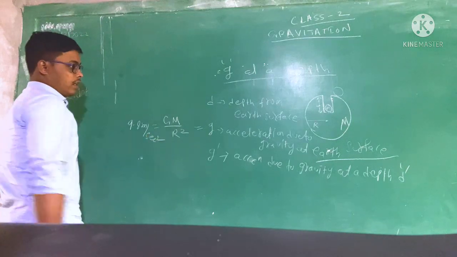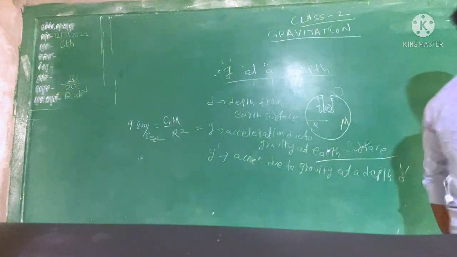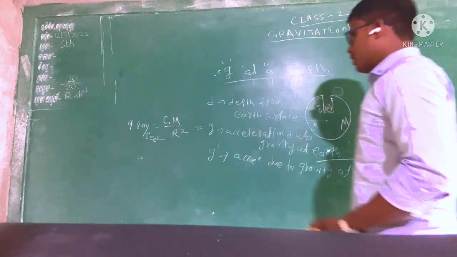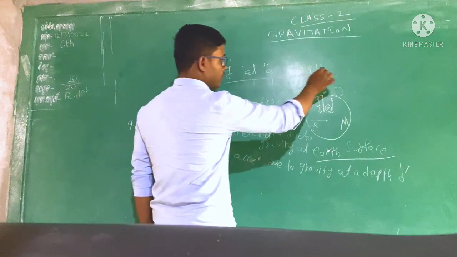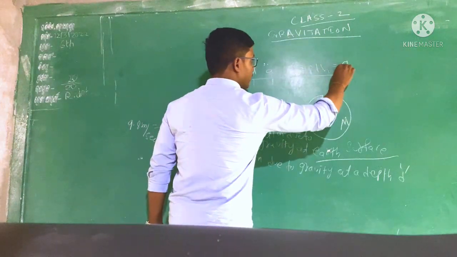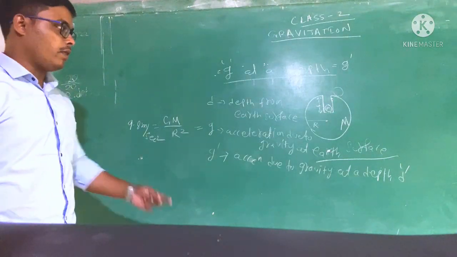So this is the acceleration due to gravity at the earth surface. But our aim is to evaluate the value of the g at a depth. So that is nothing but the g dash. So what will be the value of the g dash? This is our aim to evaluate.